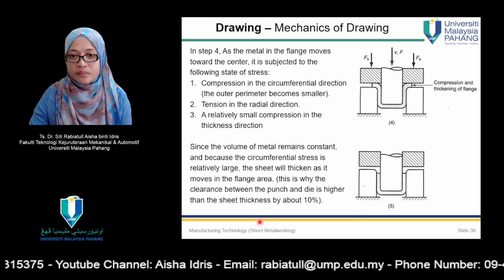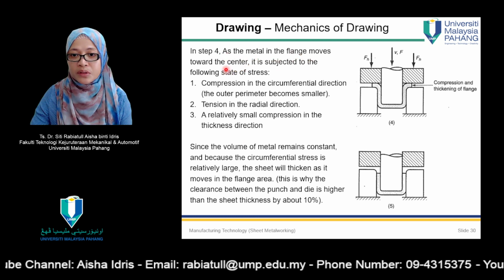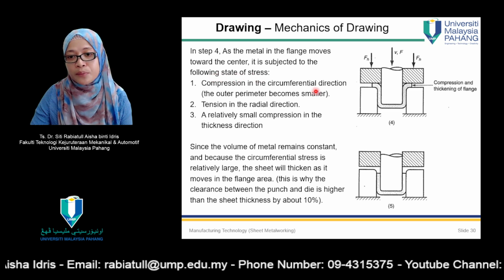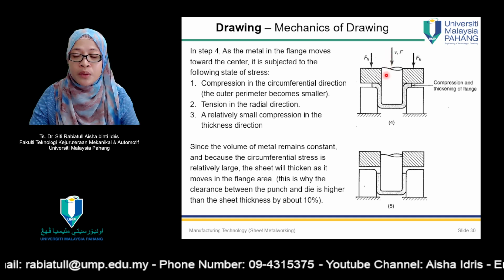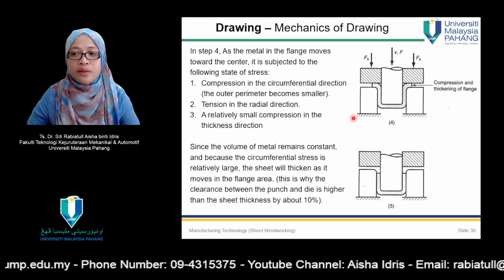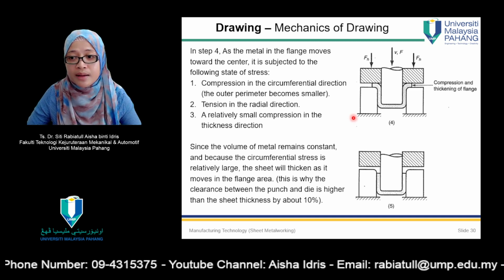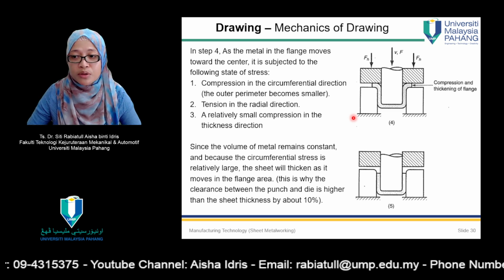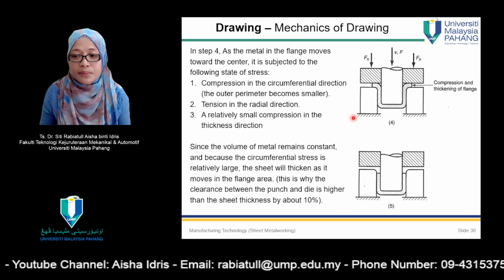So in step 4, as metal in the flange moves toward the center, it is subjected to the following state of stress. So, as mentioned just now, once the stock is pushed by the punch, it will suffer stress, and of course heat will be introduced to it, which at the same time will increase the thickness a little bit.